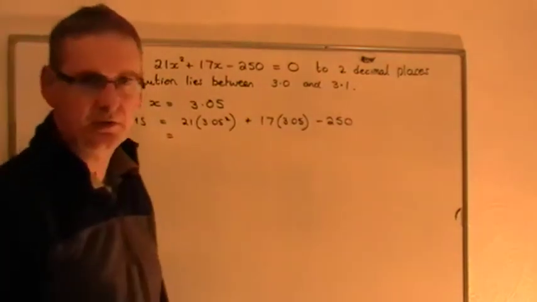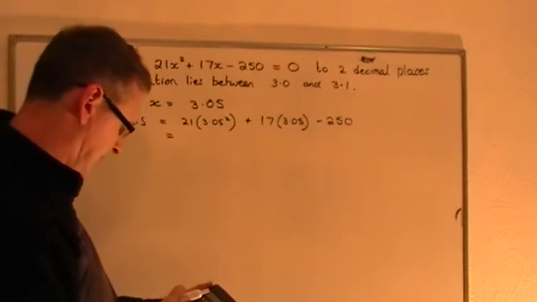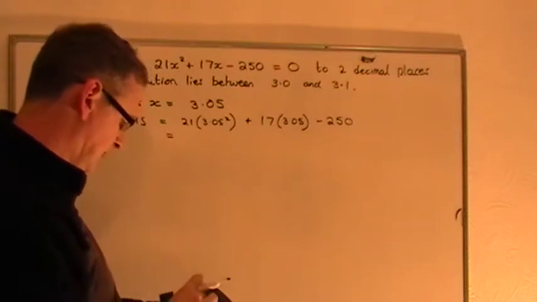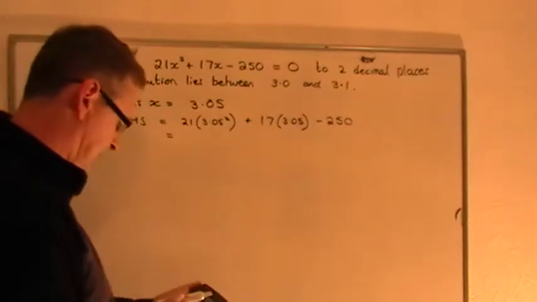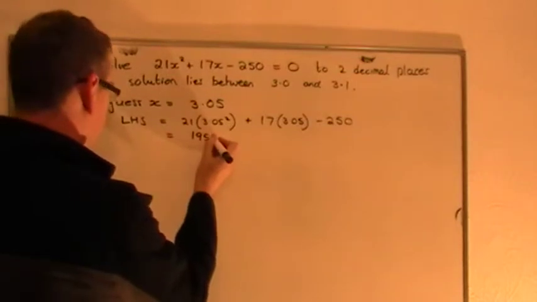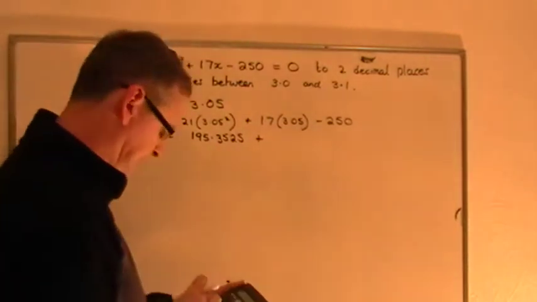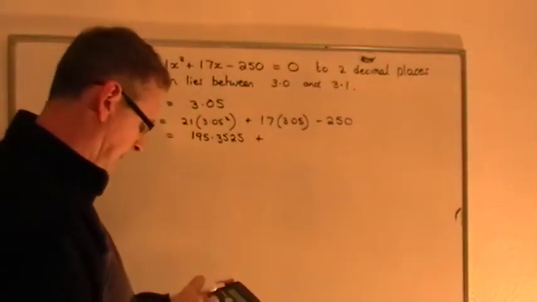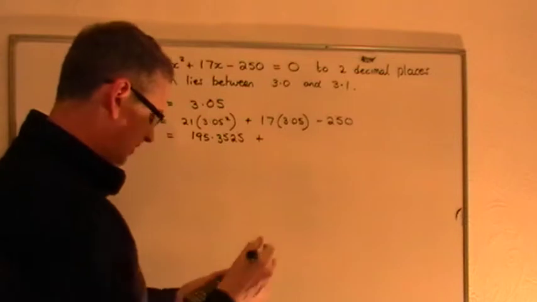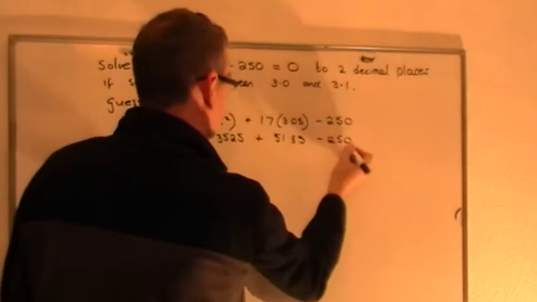Now because this is a more difficult calculation, I'm going to do it in stages as opposed to doing it all on the calculator. So 3.05, I need to square that. Okay, and then I'm going to times it by 21 afterwards. And that gives you 195.3525 plus 17 times 3.05 is 51.85, and then I have to take away 250.